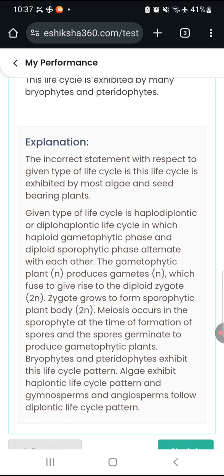Bryophytes and pteridophytes exhibit this life cycle pattern. Algae exhibit haplontic life cycle pattern, and gymnosperms and angiosperms follow diplontic life cycle pattern.